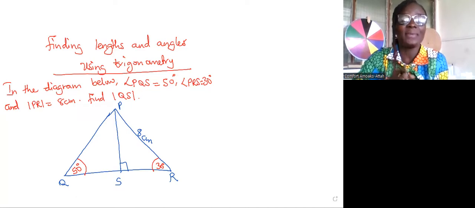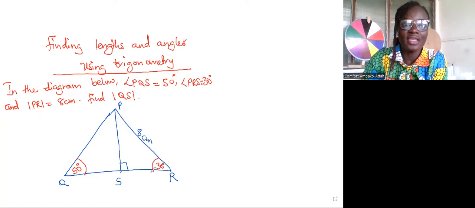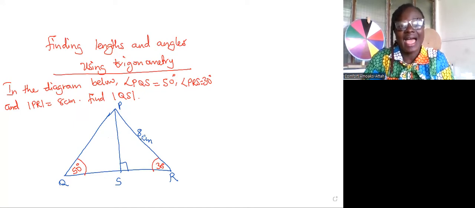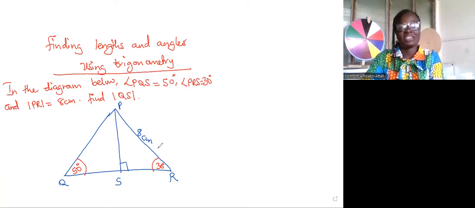So the first example I have here is this diagram, and I have angle PQS as 50 degrees, angle PRS as 30 degrees, and line PR as 8 centimeters.